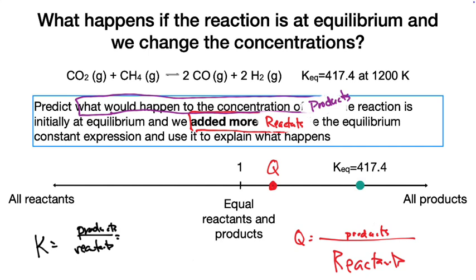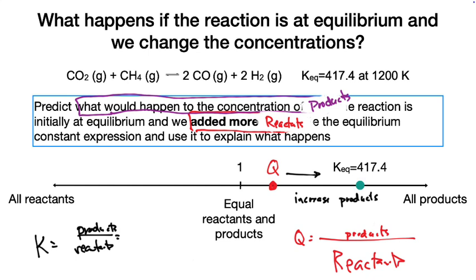So what has to happen? What has to happen to re-achieve that equilibrium? Okay, to shift that direction, I would have to increase products. What does the question ask about? Well, what would happen to the concentration of products?